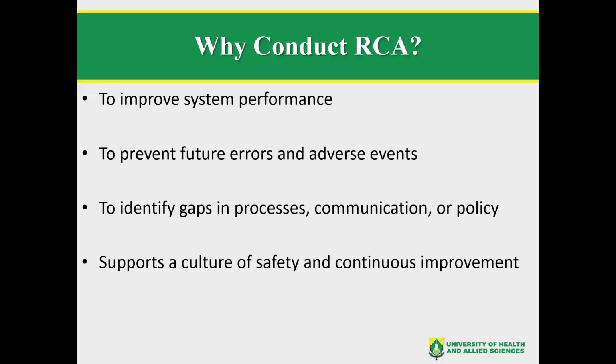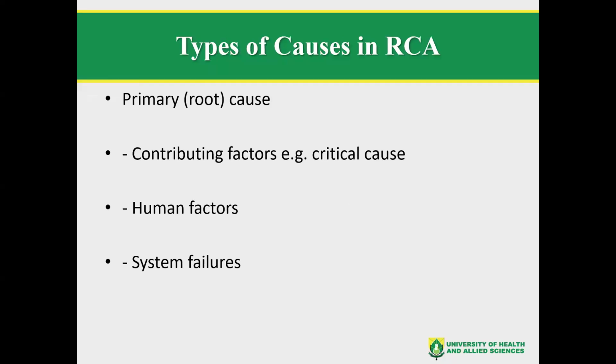So, to identify gaps in the processes, in our communication, and the policies, and then to support a culture of safety and continuous improvement. There are different types of causes that you can look for when you are talking about root cause analysis. We have the primary root cause. We have the contributing factors. When I mentioned the critical cause, I mentioned that the critical cause is one of the contributing factors, but that is not the main root cause.